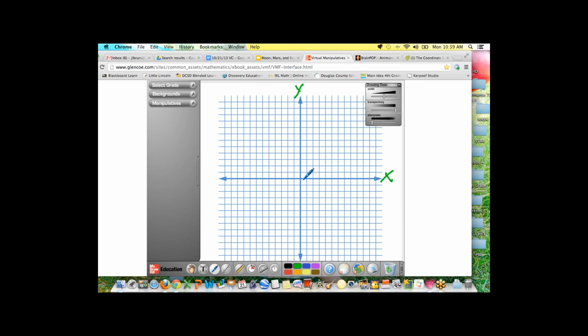All right, so what you're looking at is called a coordinate grid. I'm going to turn on my pen, and I'm going to label the x-axis first. Remember, axis is just a fancy word for line. So here's your x line, I'm running my pen along it. And here's the y-axis or line.